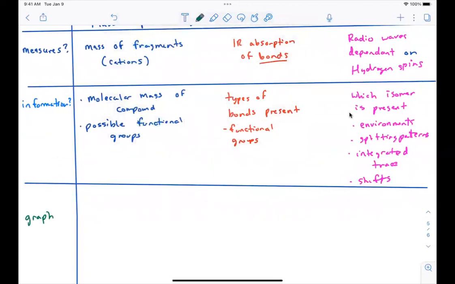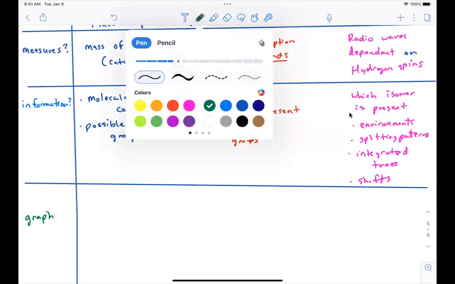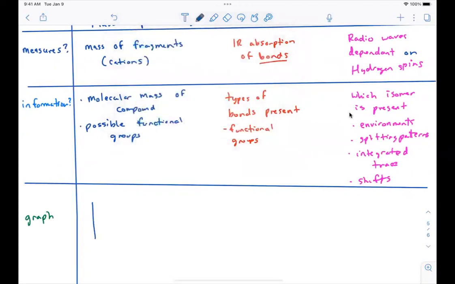The next thing we're going to do is sketch a very, very rough sketch of what the graph might look like, so that way you can differentiate between what you're looking at here. So a mass spec will look like this. You'll have these peaks that show, and remember the rightmost peak is the molecular ion peak, which tells you the molar mass of the compound.